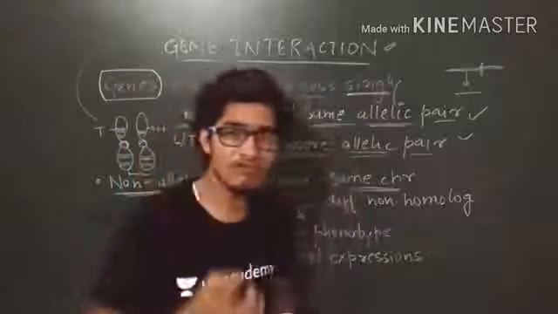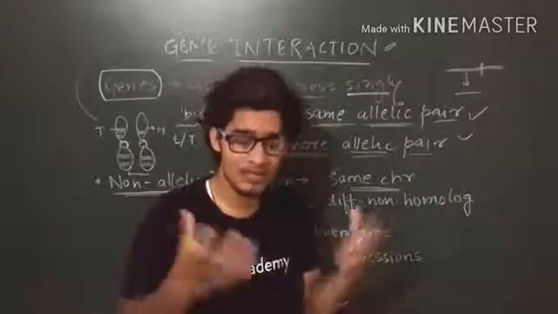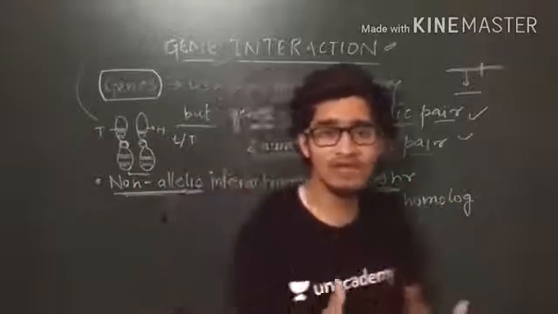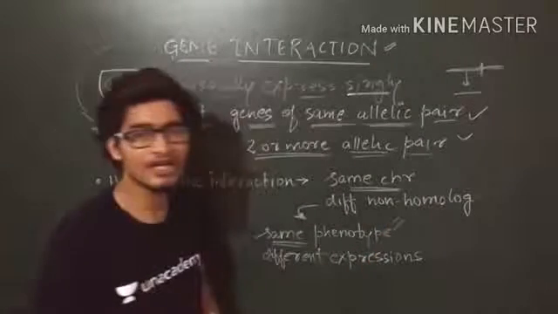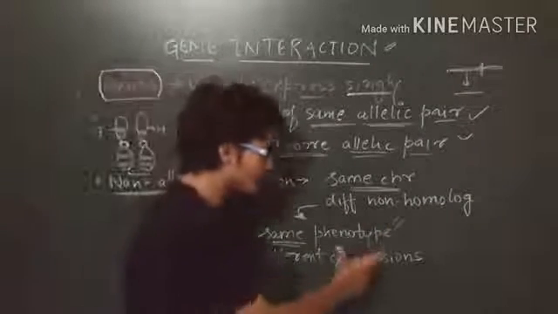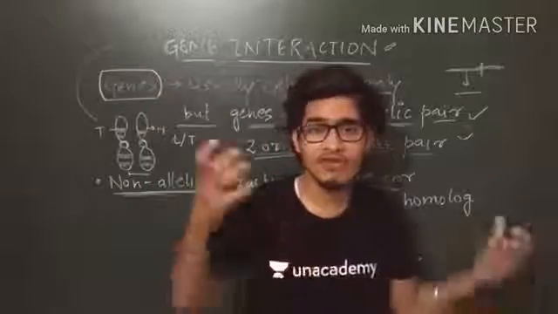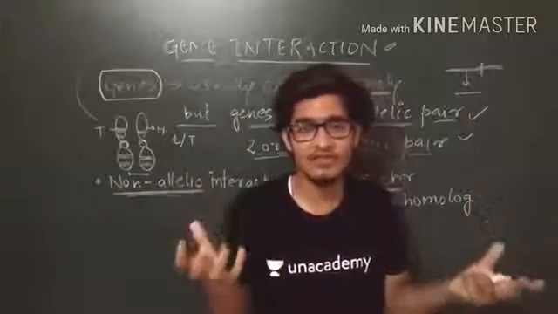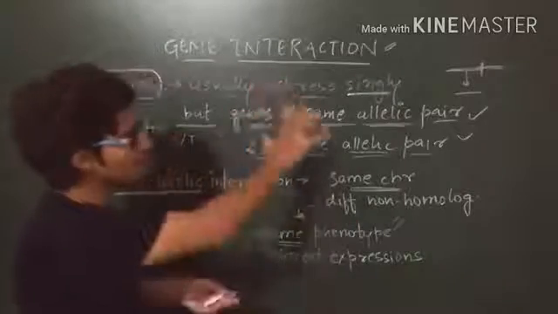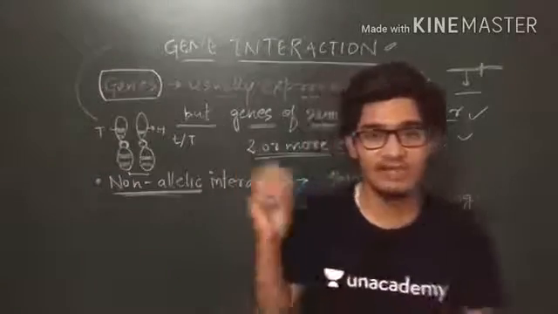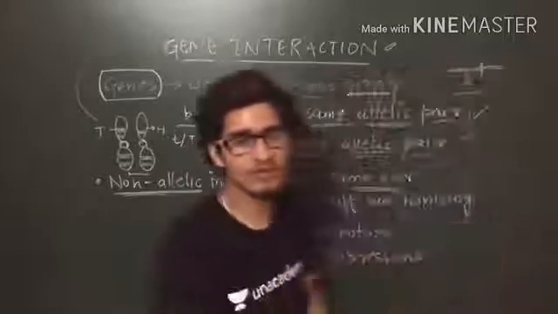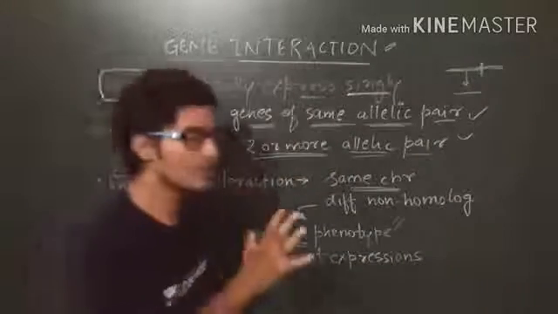So one gene will form one product, second gene will form second product, and there will be some sort of interaction in between them, so that they can influence the phenotypic character. And after influencing the phenotypic character with different expressions of different genes, they will form a final product that will be the product of gene expression, or we can say gene interaction, जहाँ पर दो genes के product आपस में interact करें. So I hope you got the concept very well.